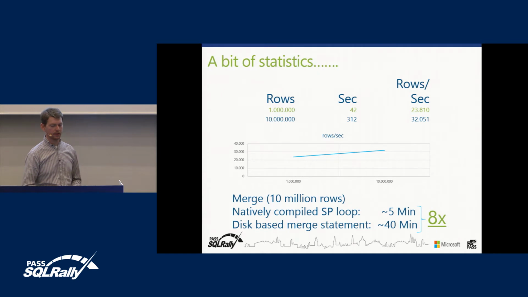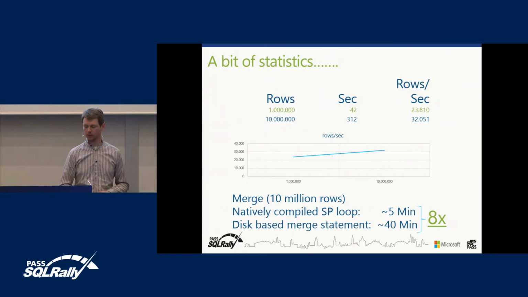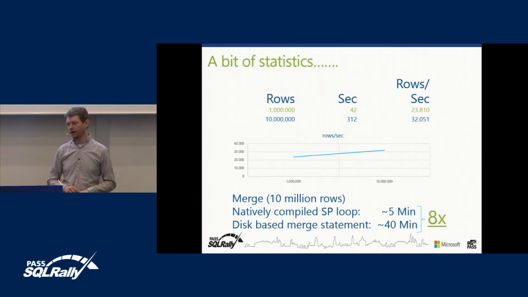If you look at the statistics here, merging, well, not 1 million, but 10 million rows, the loop that we just showed you took roughly 5 minutes, 312 seconds. Doing the same thing with a disk-based merge on the same hardware, we're talking my laptop here, took around 40 minutes.